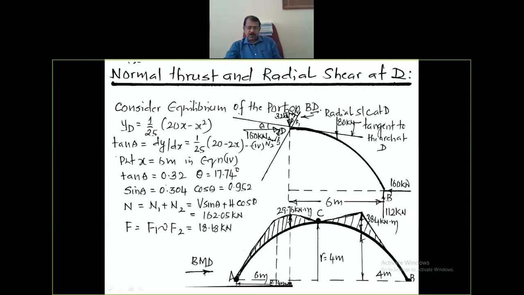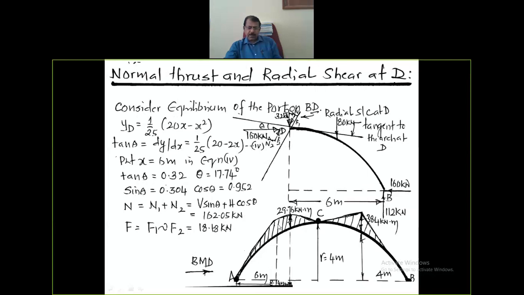For drawing the bending moment diagram, draw the reference arch axis. Mark the positive values above the arch axis and negative values below the arch axis. Now A is the support point at A, B is the support point at B. The value of the bending moment obtained in the portion AC, at a distance of 8.14 meter, is 29.76 kilonewton meter.